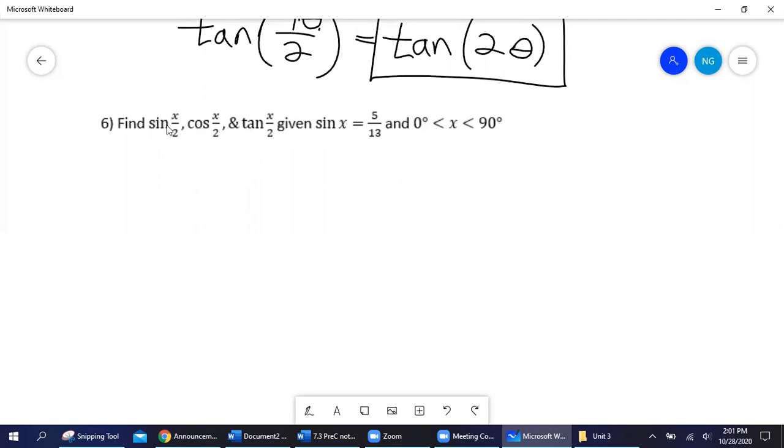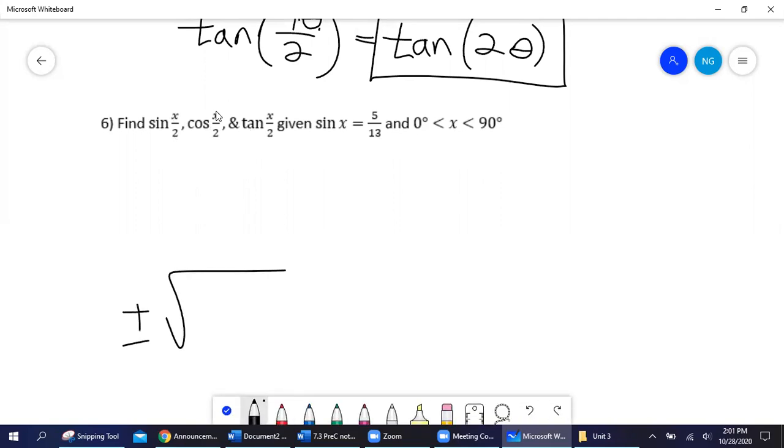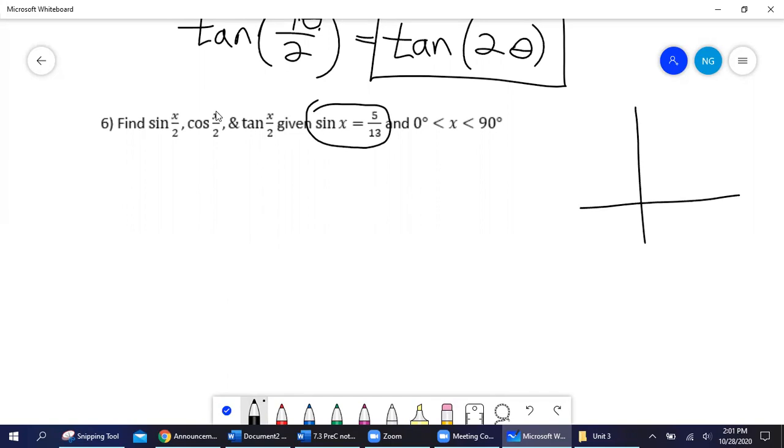Basically, though, what I'm saying is these x over 2 angles are all in the first quadrant. So everybody's going to be positive. So when you have that, according to the identity, a plus or minus, we don't need the minus. It's definitely going to be positive. So we know all these are going to end up positive. Again, whenever I'm told the value of a trig function, it's probably a good idea to draw it.